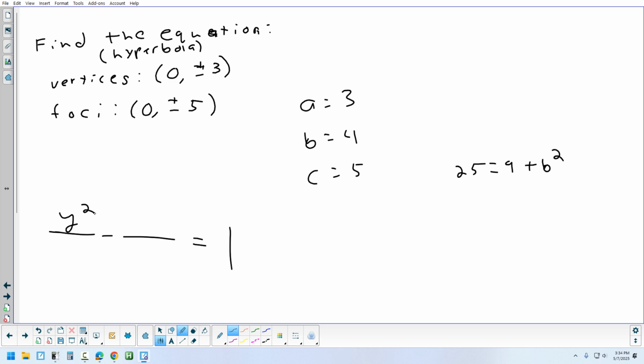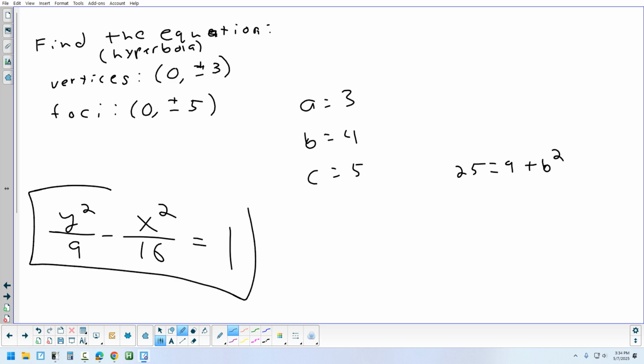And then the second fraction is going to be x squared. And then a squared always comes first, so that's 9. And then b squared under x squared, which is 16. Yep. So that's the equation of the hyperbola that fits those characteristics. Any questions on that one?